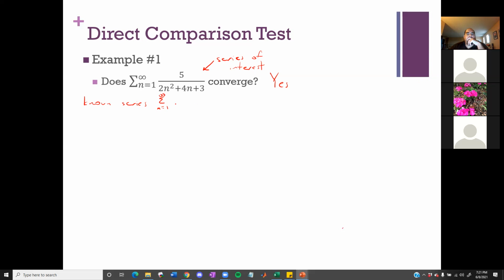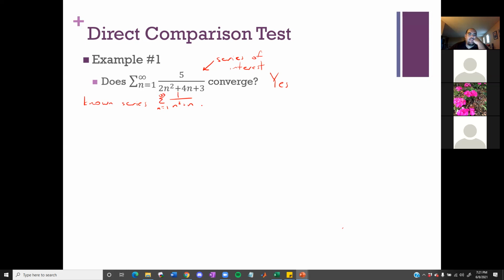Would 1 over x squared plus x work? So I'm hearing 1 over n squared plus n. That's a good start. It's definitely simpler. But 1 over n squared plus n is not a series I could tell you something about very easily.